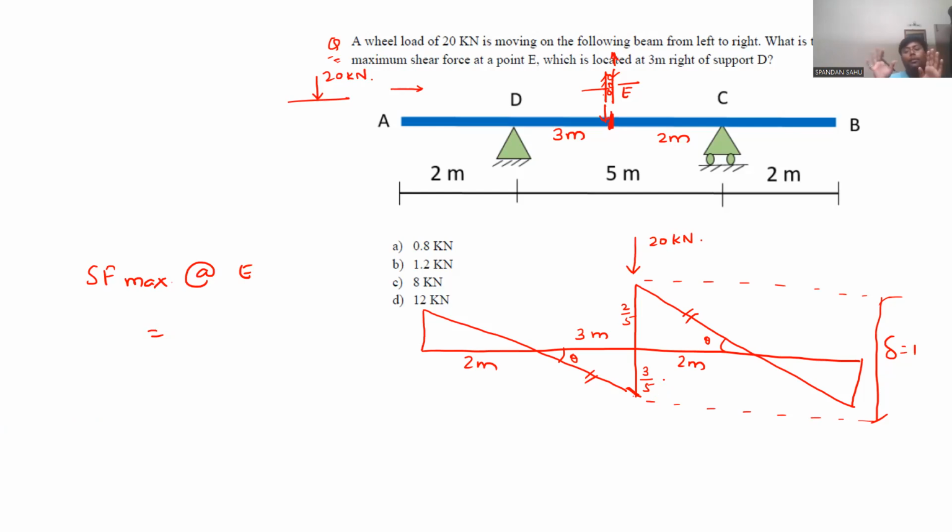I am not talking about the sign, but the magnitude as a whole. Let this be minus, but this minus 3 by 5 is more than 2 by 5, magnitude wise. So you can write 20 kilonewton into the ordinate, 3 by 5. So this is 12 kilonewton. So option D.